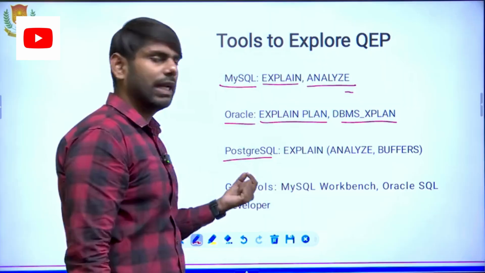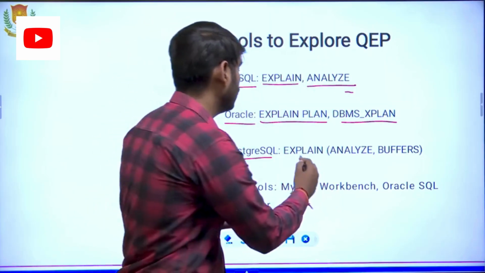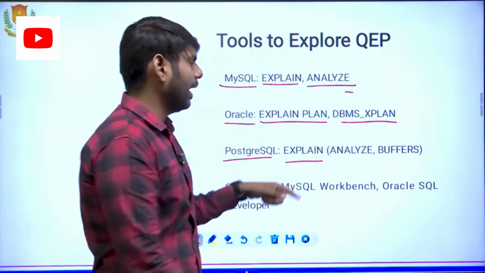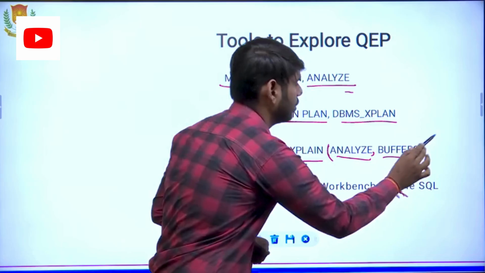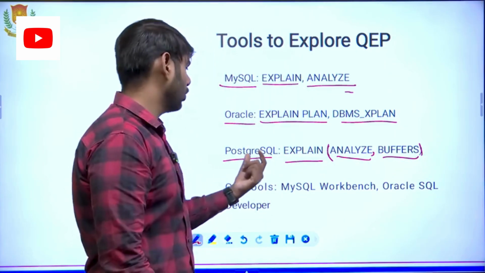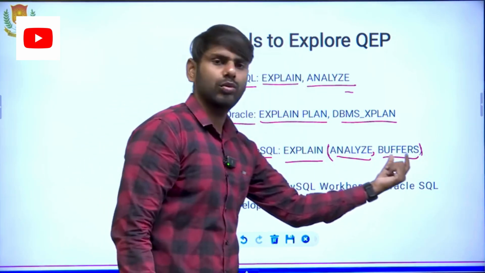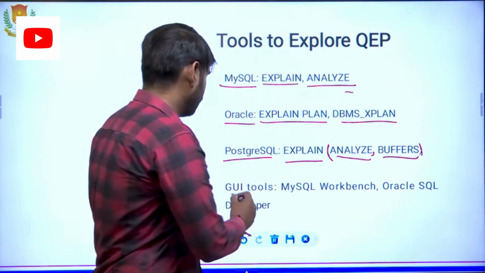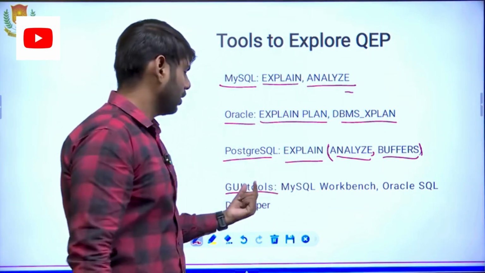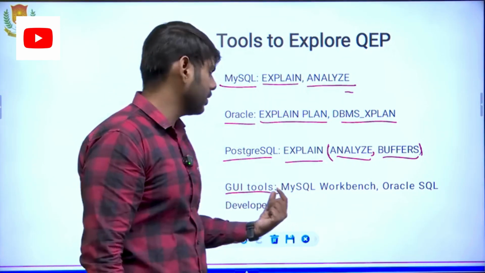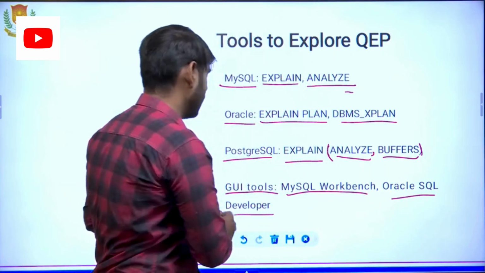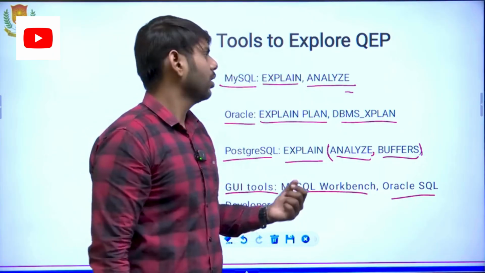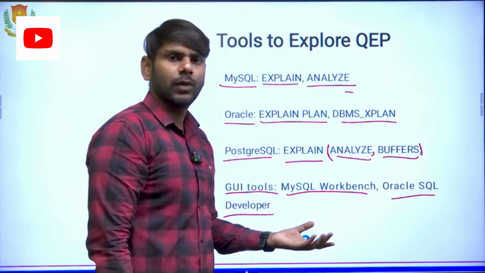Next, PostgreSQL. In PostgreSQL you can use explain, and in the brackets you can use analyze and buffers details. So in PostgreSQL you have to use this syntax, and if you want to see it with graphical user interfaces, you can use MySQL Workbench and Oracle SQL Developer. You can try all these tools.